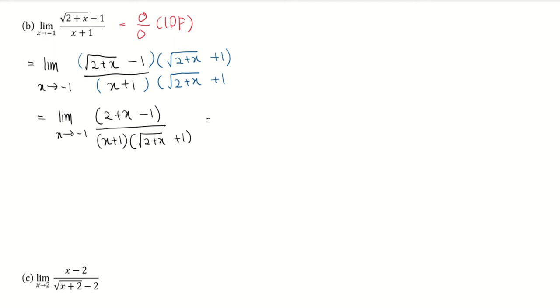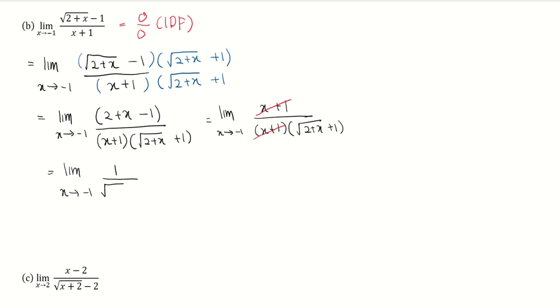We can simplify this: the numerator becomes x plus 1, and we can eliminate x plus 1. We are left with limit of x approaches -1 of 1 over (square root of 2 plus x plus 1).